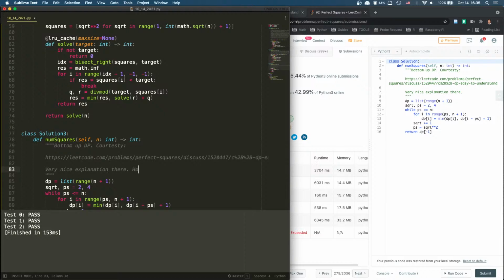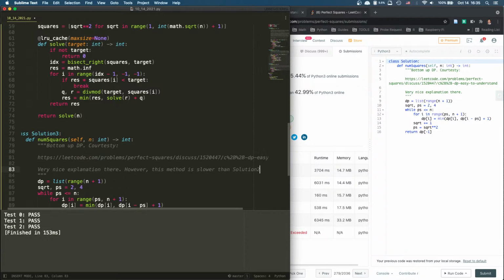Yeah, that's the difference maker. However, this method is slower than solution 2, right?